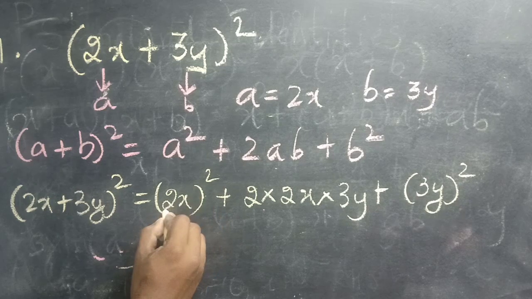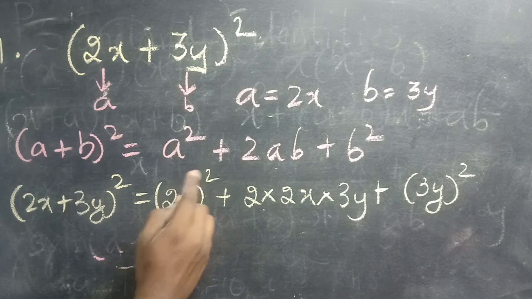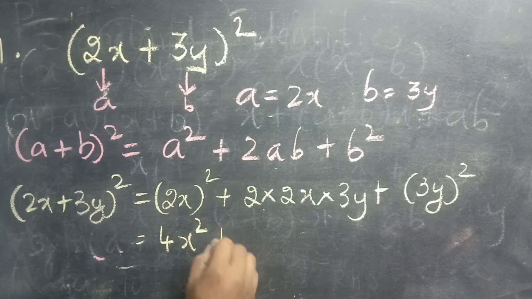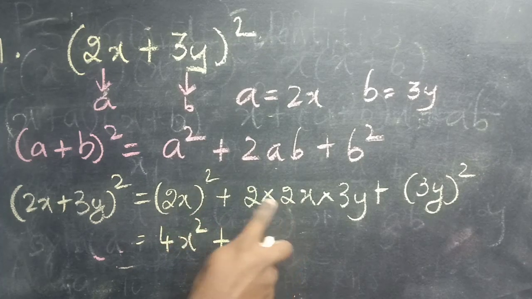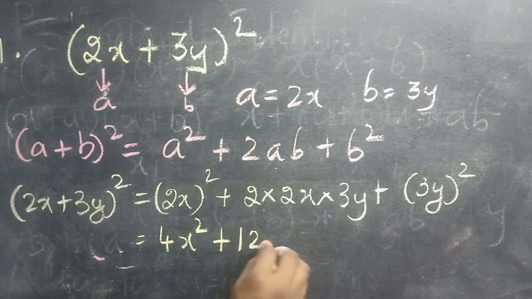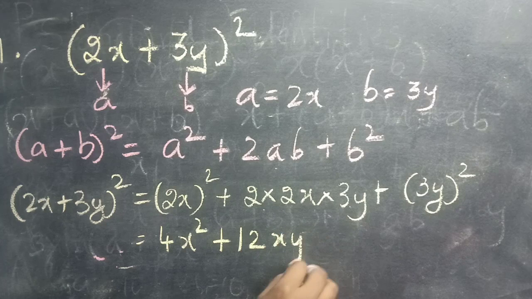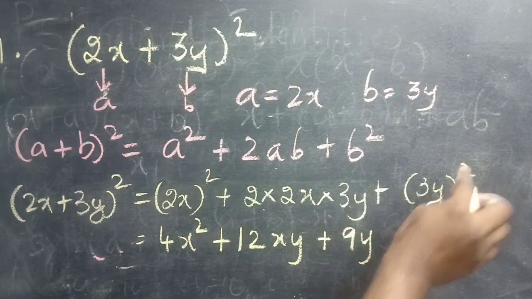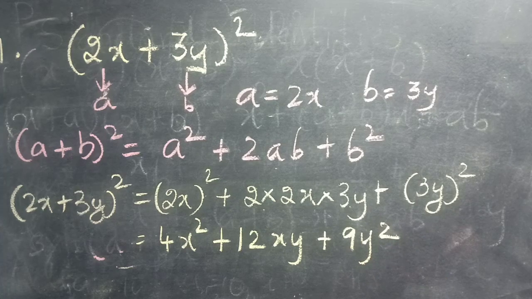Now, square the individual terms. 2 square is 4. Then x square is, as it is, x square. Now, multiply the coefficients, that is 2 into 2 into 3. 2 twos are 4, 4 threes are 12, times x into y, xy. Now, 3 square is 9. y into y is y square, as it is.